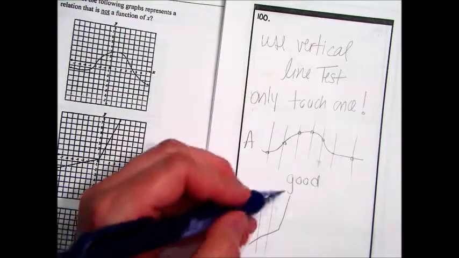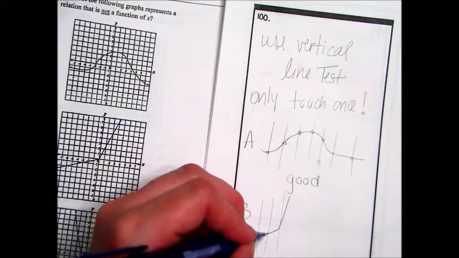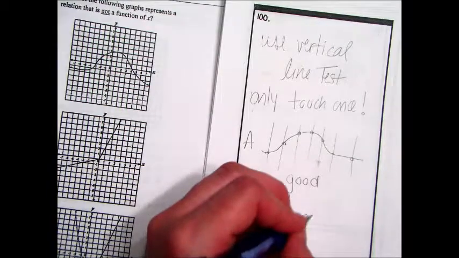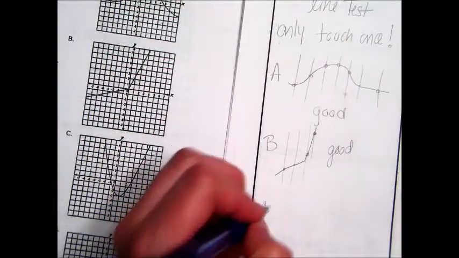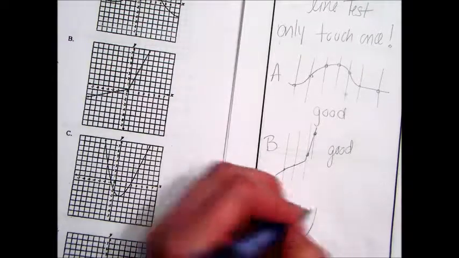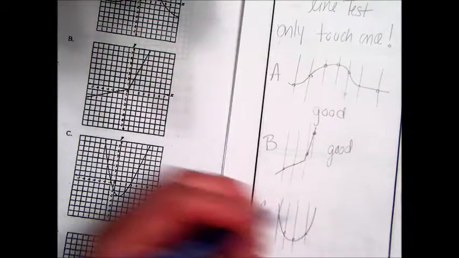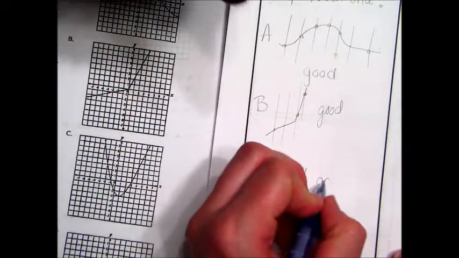See these vertical lines? They only touch once. B is good. Let's look at C. These should also be free problems. See how all these vertical lines only touch once? C is good.